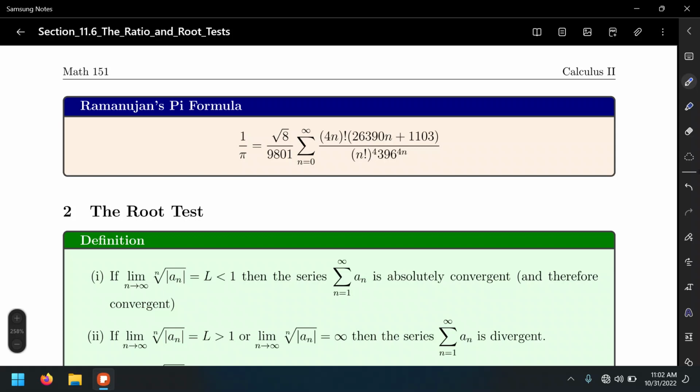And one of the most famous Ramanujan's series is the series right here, which converges to 1 over pi.